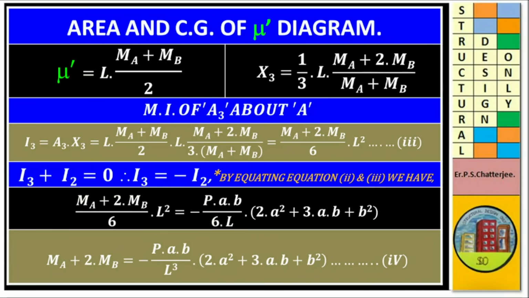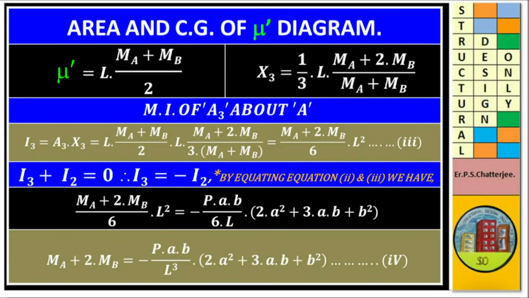Now we know I3 + I2 = 0, therefore I3 = -I2. By equating 2 and 3 we have (MA + 2MB)/6 × L² = -P A B/(6L) × (2A² + 3AB + B²).